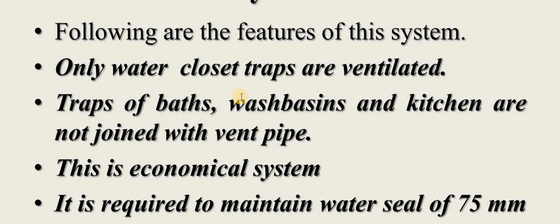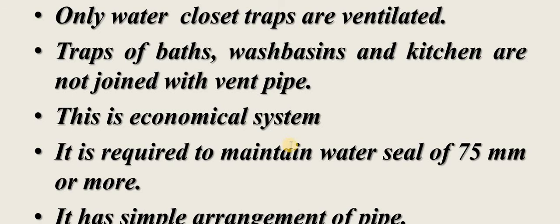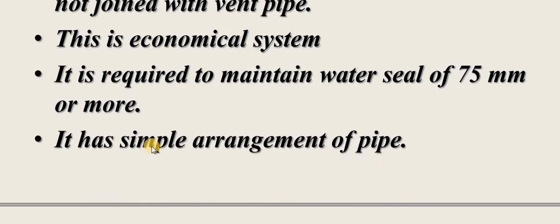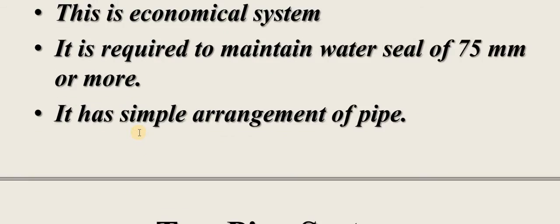Traps of bath, wash basins and kitchens are not joined with the vent pipe. This is an economical system, and it requires a water seal of 75 mm or more, and it has a simple arrangement of pipe.